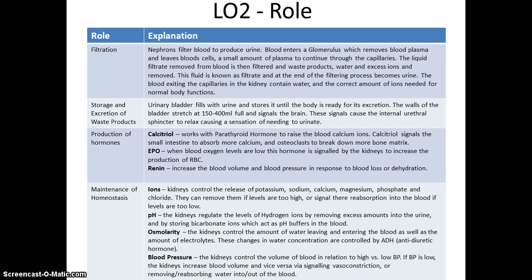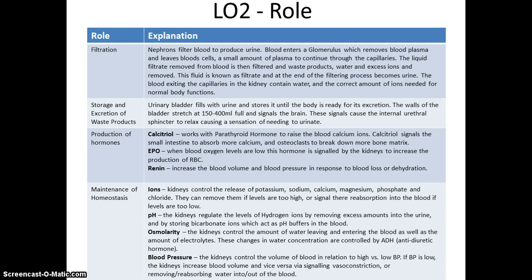Alcohol's a diuretic, caffeine's a diuretic, and they increase the amount of water loss from the body. ADH does the opposite. It tries to maintain the amount of water and make sure that it's always at an optimum level. So the kidneys monitor the amount of water within the blood, and if it needs to make any changes, it will signal ADH to come and do its job.